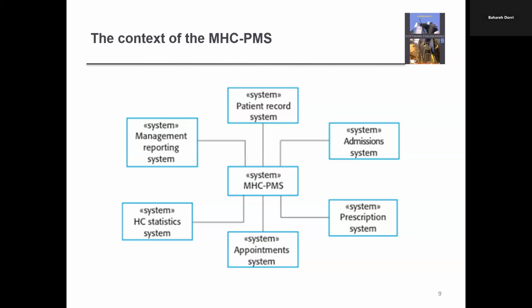It helps identify integration points and clarify responsibilities: what data we need, where it comes from, and who we are sharing it with. So again, this is a static view. We are not looking at how data flows or what order things happen, just the big picture of system relationships.